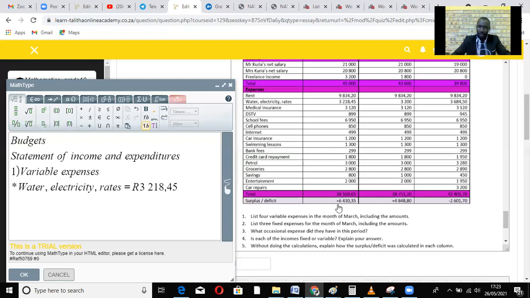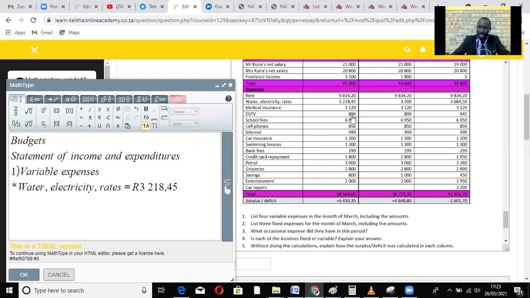What we are supposed to do is just to list any 4 variable expenses in the month of March. So we are going to consider the cost of March instead. The next thing is, well, we could go ahead and look at the other items. Now, notice that we also have things like DSTV, which changed.